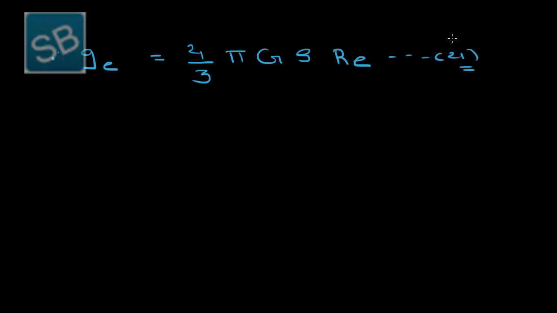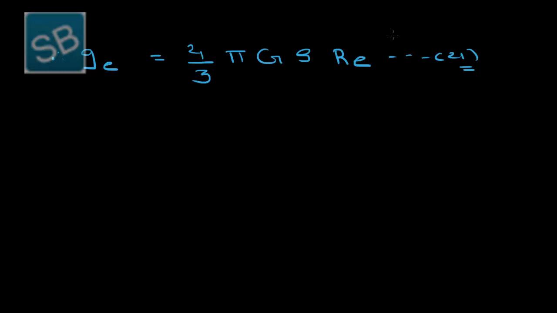Therefore, gE is equal to 4 by 3 pi into G into rho into Re, and that is now equation number 4.